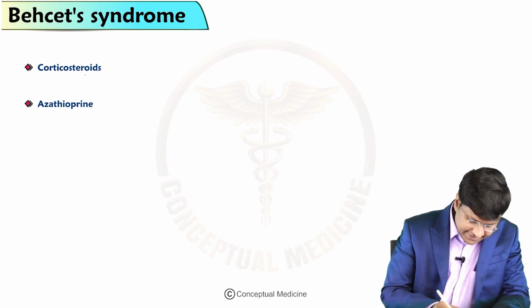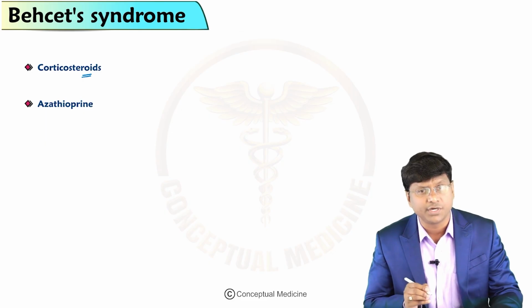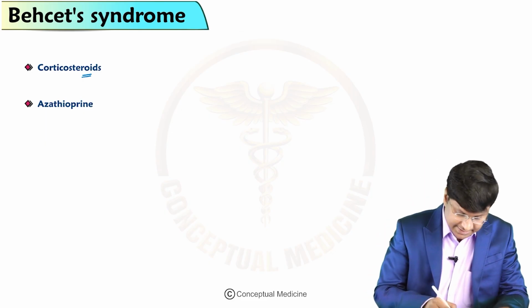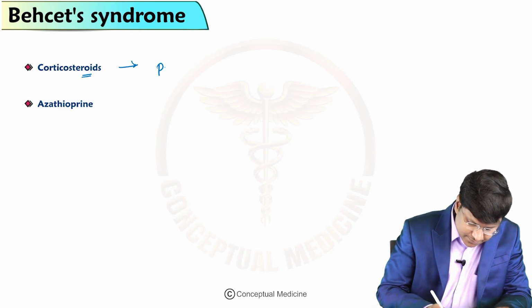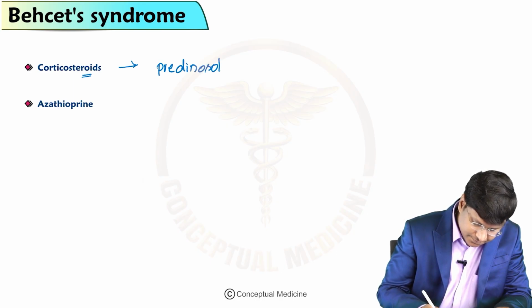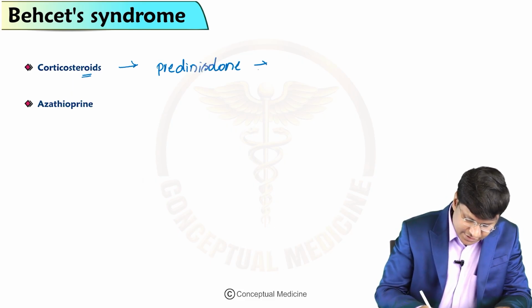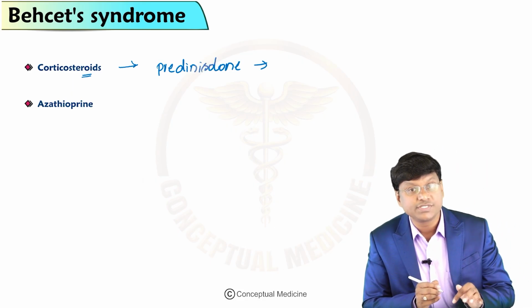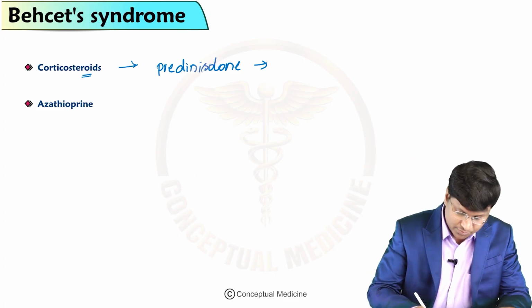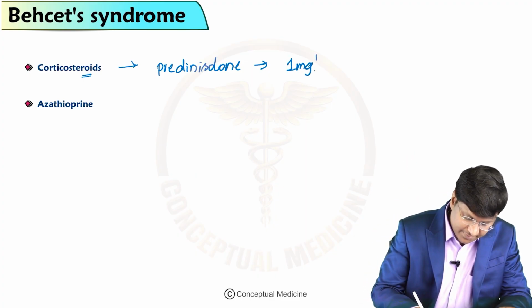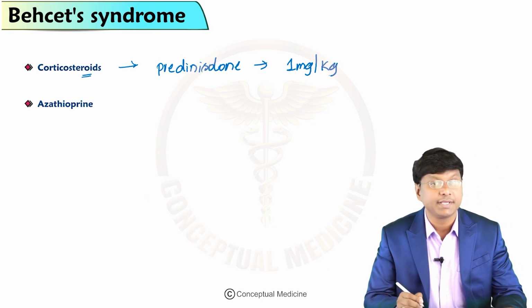Then, followed by that, the corticosteroids include prednisolone. The dosage of prednisolone is around 1 milligram per kg per day.